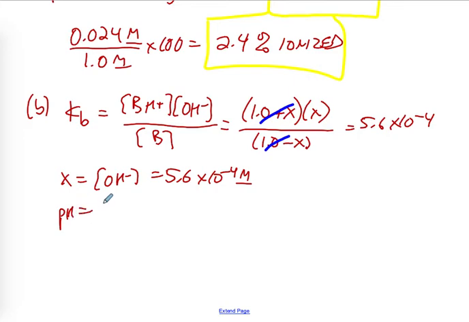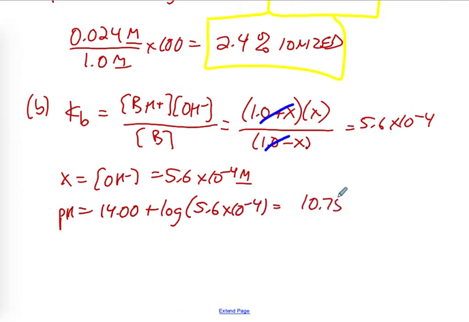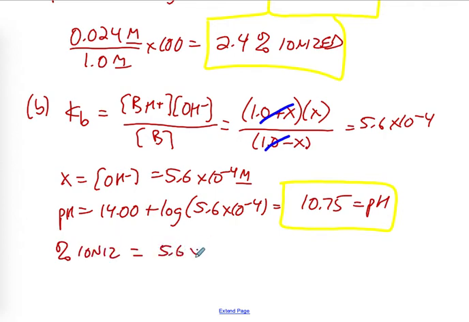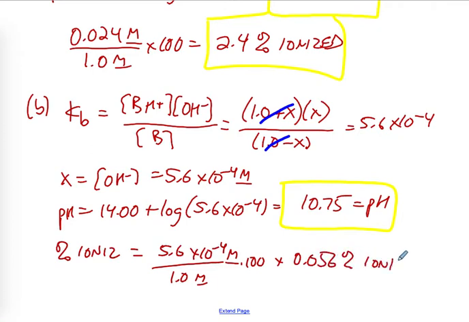My pH is 14.00 plus the base 10 logarithm of the hydroxide ion concentration, or 10.75. And my percent ionization is 5.6 times 10 to the negative fourth molar divided by 1.0 molar times 100, or 0.056% ionized.